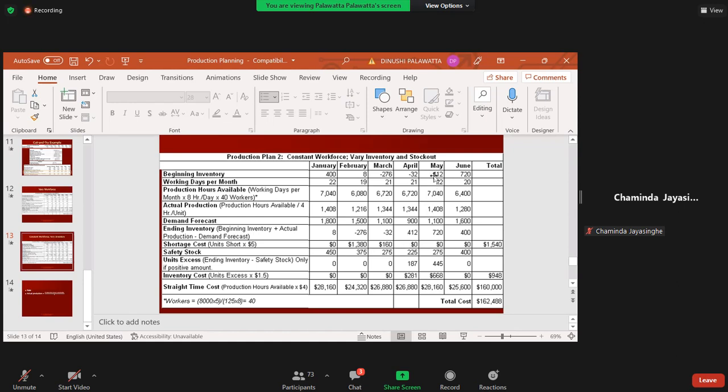Working days in the month is 22. Production hours available: 22 multiplied by 8 multiplied by 40, you get 7,040. Actual production is 7,040 divided by 5, 1,408. The demand forecast is 1,100. The ending inventory is 412 plus 1,408 minus 1,100, you get 720.